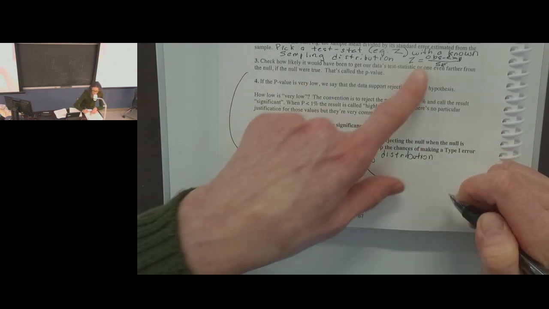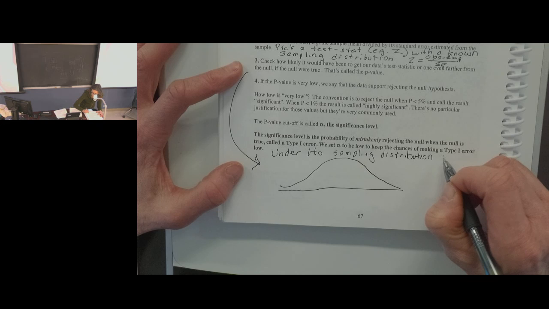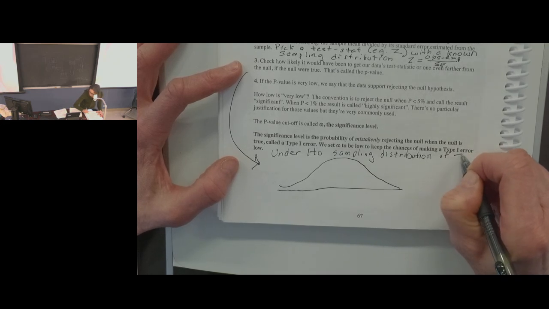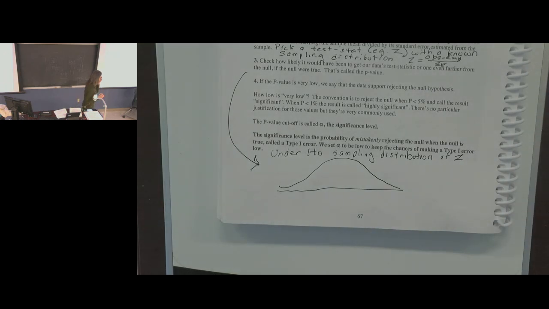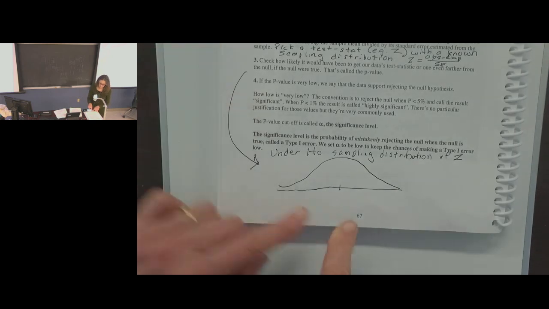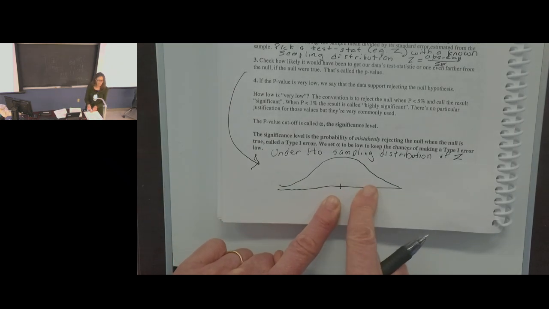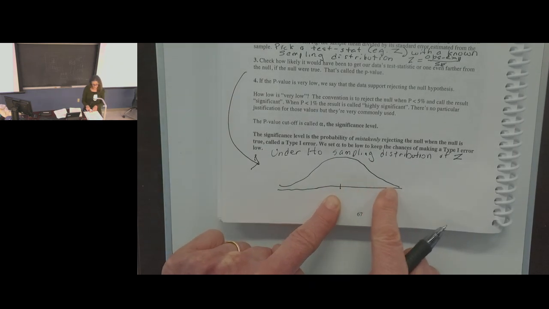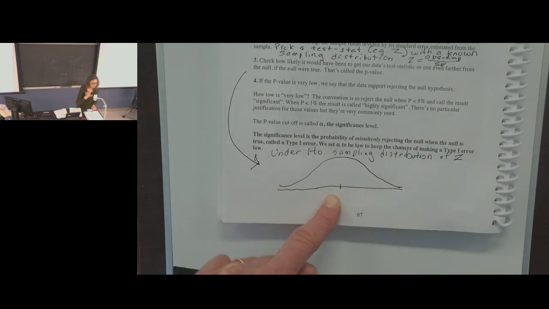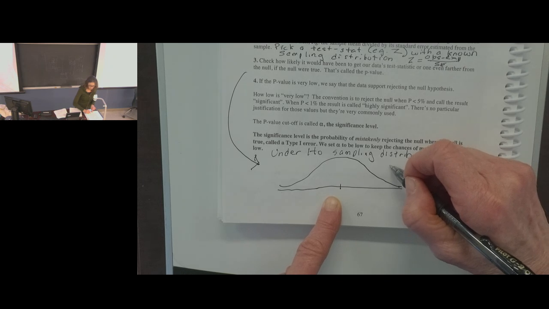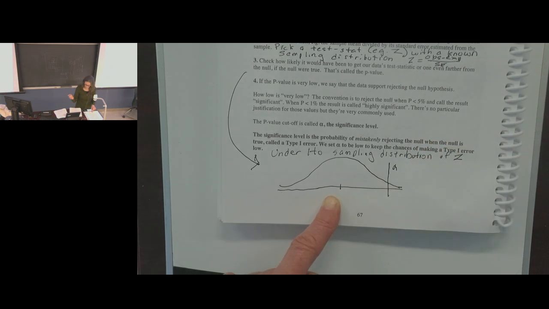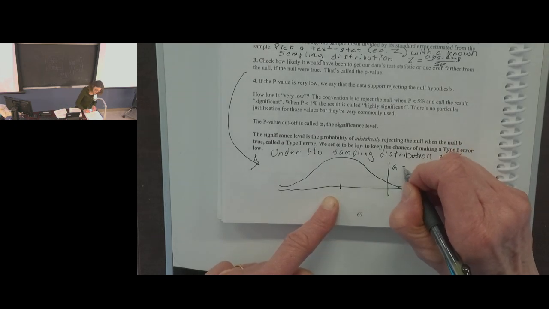Let's say your test stat was this one, Z. So this is what you'd expect to get, right in the middle. And then you say, okay, how far from that did I get? How far away? If you got too far away, at some point you have this null cutoff, which they usually set at 5%. It's called alpha, the significance level. And that is equal to your null cutoff.